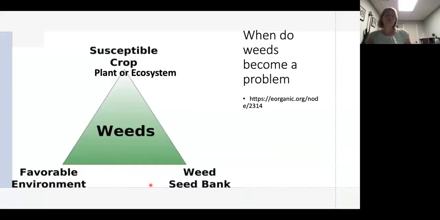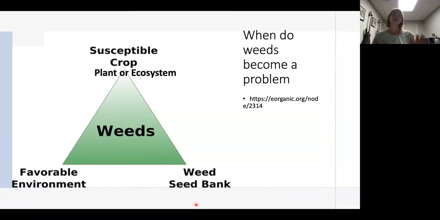So when do weeds become a problem? The reason why we're talking about it with dormancy is, we have a susceptible crop or plant or ecosystem, and weeds love to hang out in what's called the seed bank. They can stay dormant for a really long time, especially if they're buried in the soil.